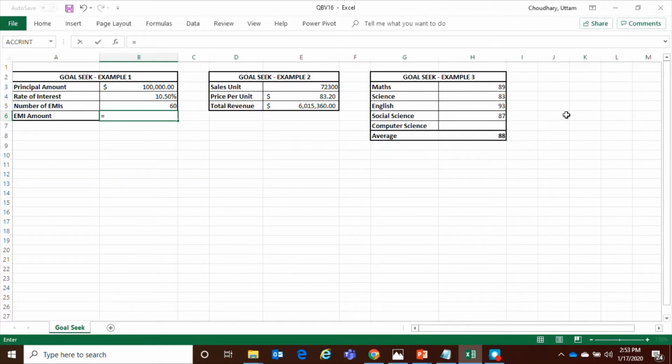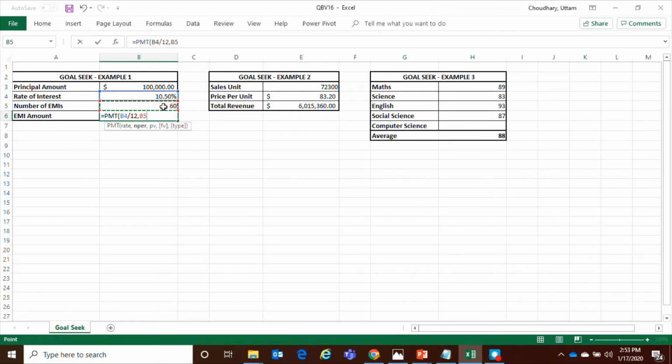In order to do that, there's a formula called PMT. In this PMT formula, you have to select the rate of interest. Since this is a yearly rate of interest, we have to divide this by 12. Then Nper means how many times you're willing to do the payments, which is 60 times in this case.